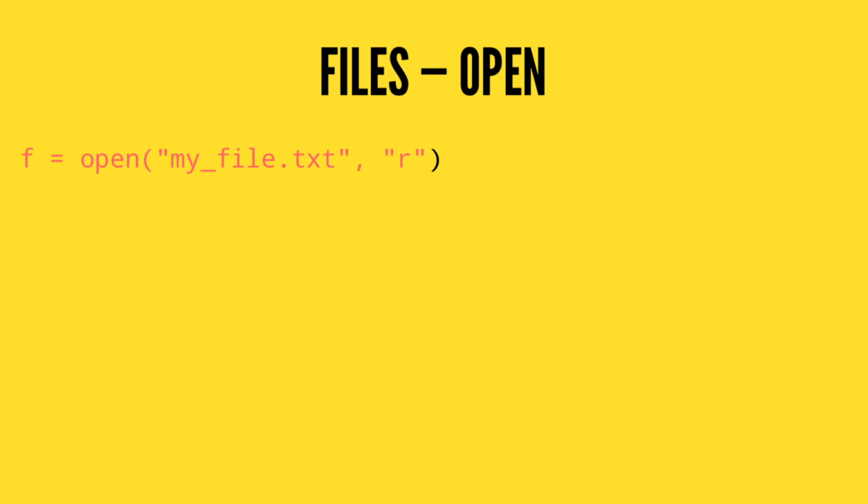We open this one in R mode, which is read, and we'll go through the modes in a little bit. And then you print out your file, so you do print f.read, and that would read the entirety of your file. I will just go into my REPL and show you.